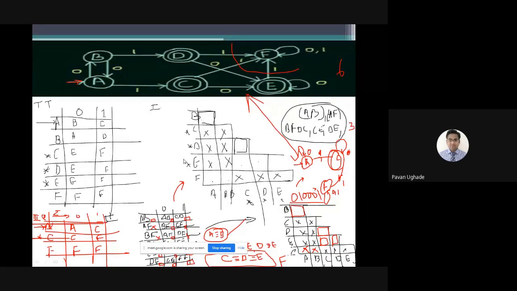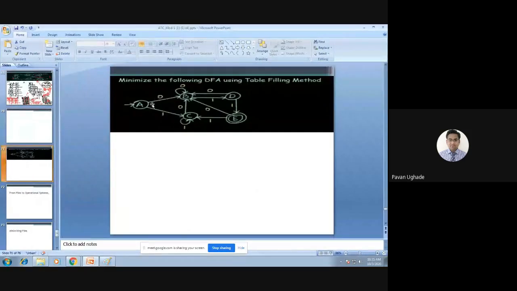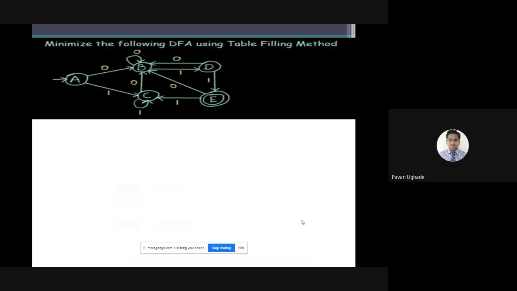Okay, I want you to do this another question now only, and you can show me the answers in your book. So the next question is on your screen. It has only one final state and I want you to do it now only. Just have a feeling of classroom, take a pen and paper, solve your answer, and simply take a snap, or you can start your camera and show me the output.